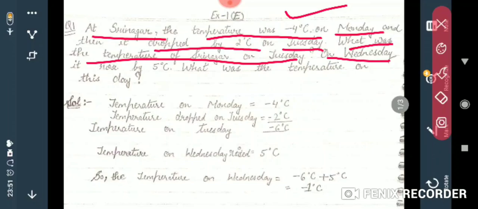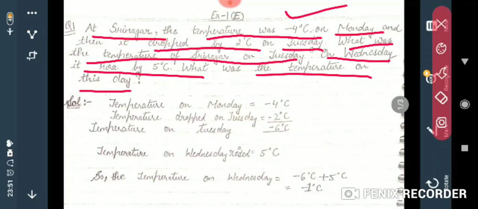Then on Wednesday it rose by 5 degrees Celsius. Rose or rise means that the temperature was increased by 5 degrees Celsius. So what was the temperature on this day? In this question, the temperature was asked on Tuesday as well as on Wednesday.